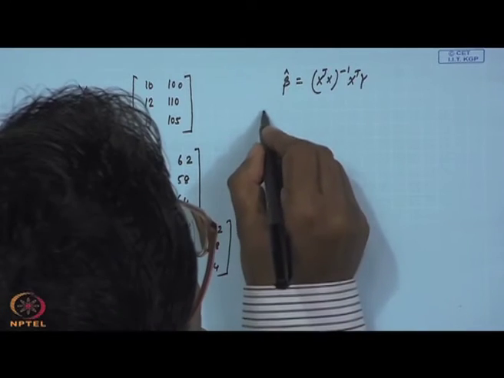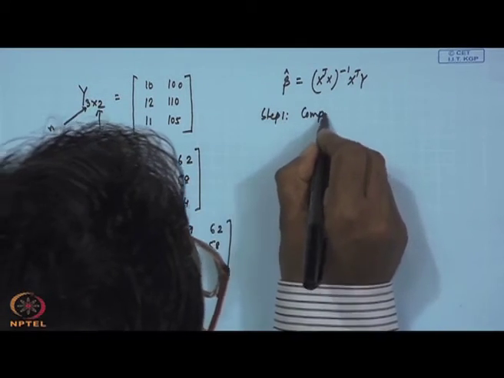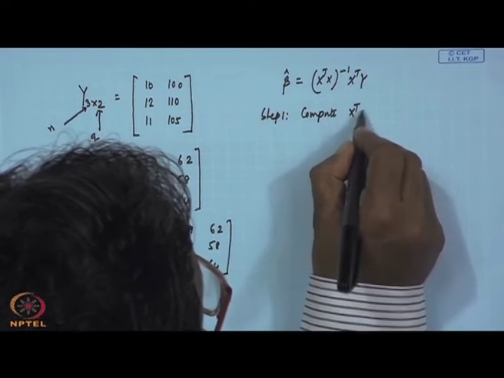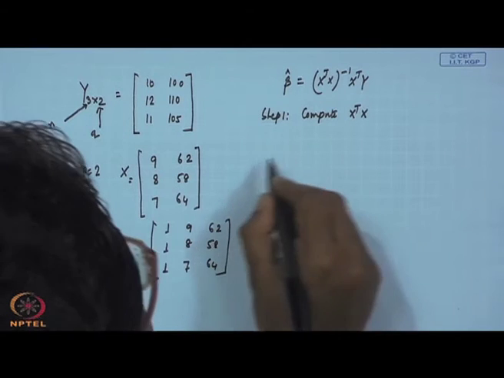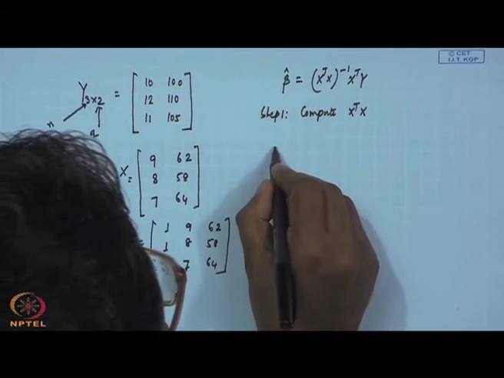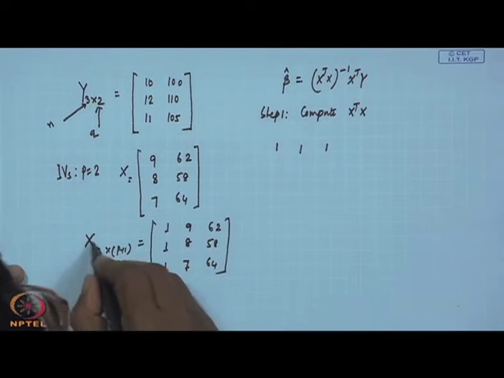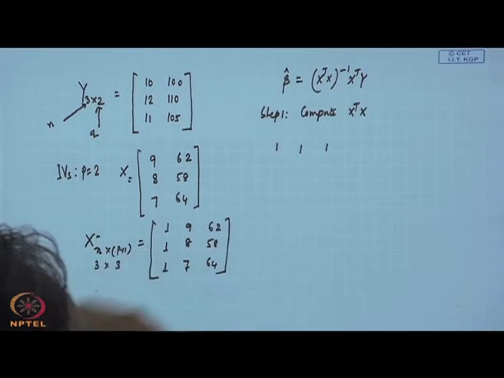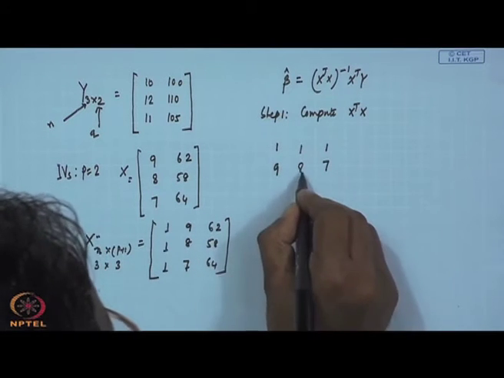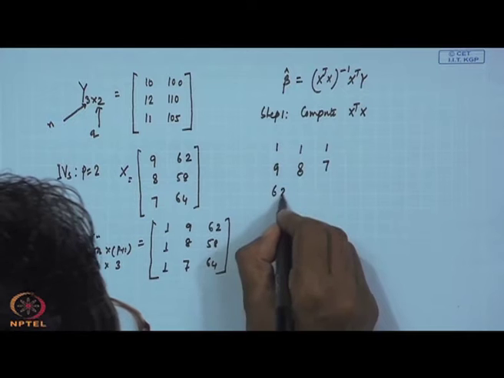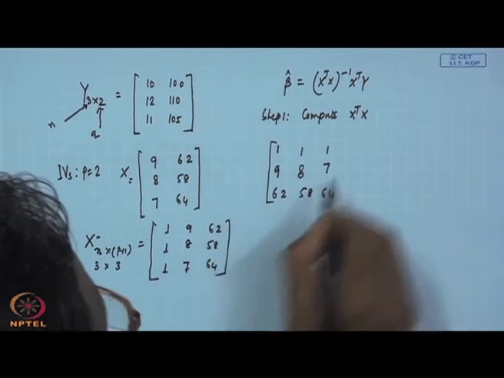Step 1: compute x transpose x. So if we write like this, then x transpose x is 1 1 1, that is basically the transpose of this matrix, 9 8 7, then 62 58 and 64.